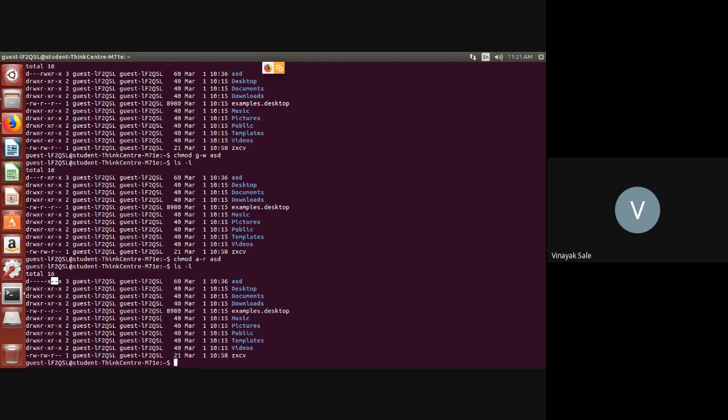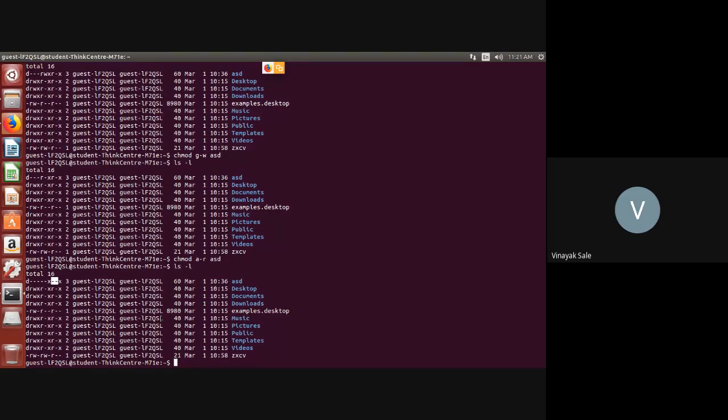So if there are three dashes, that is no permission. If only X is present, then executable only. If only W is present, then writable only. If WX is present, then writable and executable. Only R present, then readable only. R and X present, readable and executable.